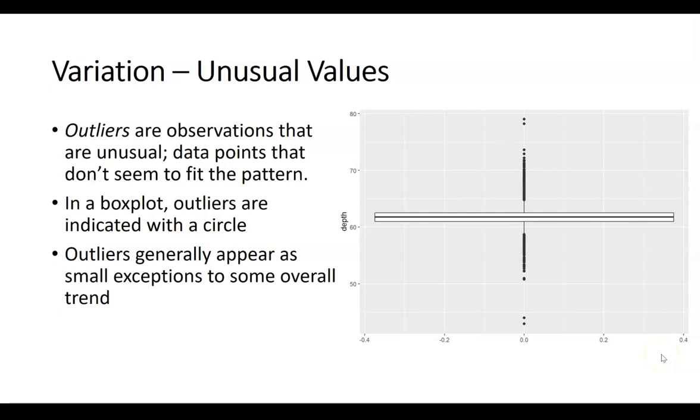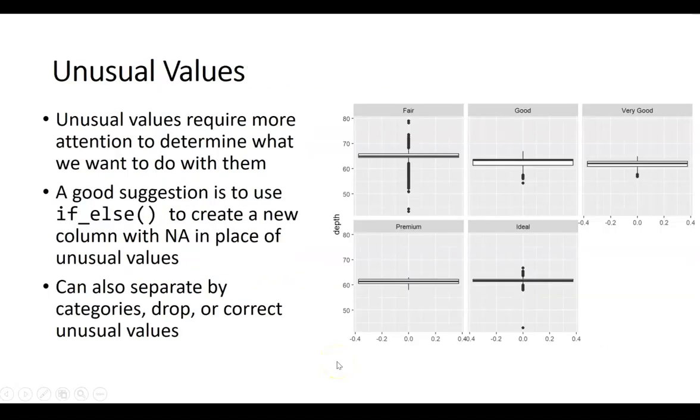So when you find things that you view as outliers, like these two values down here, or these two values up here, it's important to investigate them further to see just how unusual they are and why. One possible explanation is that the values aren't really that unusual at all, but that we're trying to lump too many things into one category. In particular here, if we break our diamonds up according to their cut, we see significantly fewer outliers in the categories good, very good, premium.